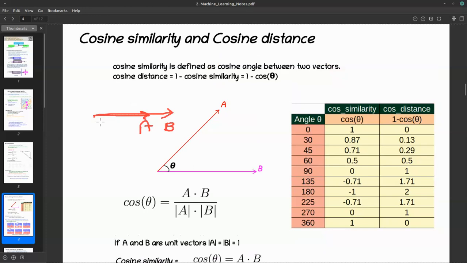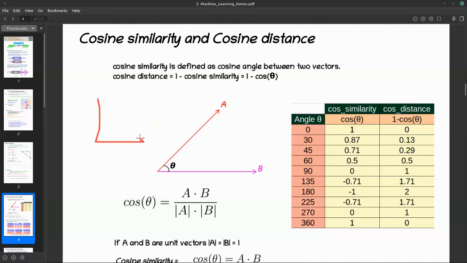They lie on each other, so theta is 0. Cos 0 would be 1, and 1 minus cos theta would be 0. Now tell me, should the 1 be similarity or distance? It should be similarity, because it is higher and these two are very similar. So cos theta is similarity, and 1 minus cos theta is distance.